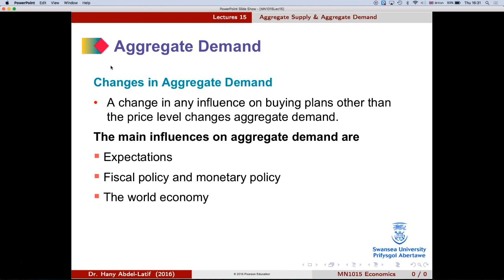If people expect that there will be an increase in future income, or an increase in future inflation, so that the prices will increase in the future, this means they will demand more now. So this will shift the aggregate demand curve to the right.